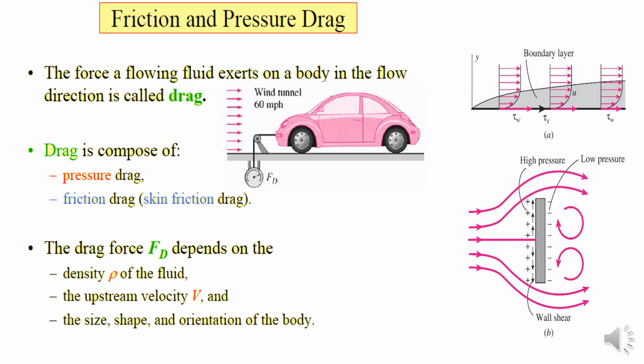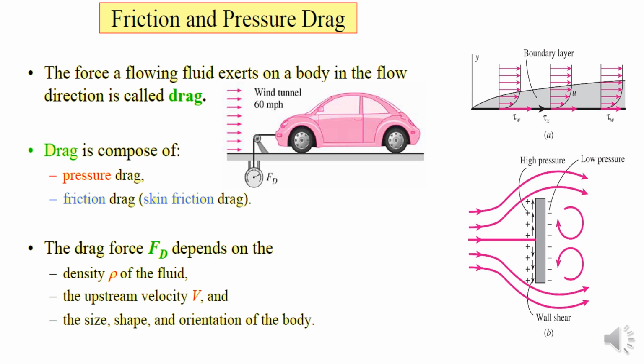On your right hand side again, the top figure is an example of skin friction drag, and the bottom figure is the pressure drag. For skin friction, as with flow over a flat surface, the velocity goes from 0 to a certain value.